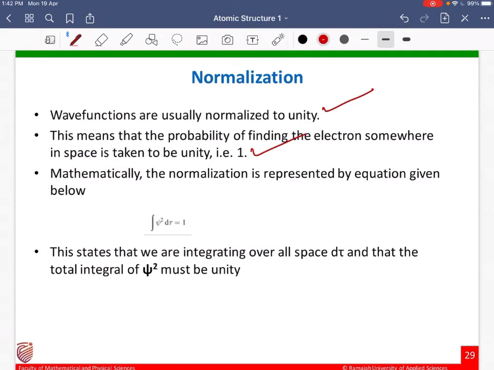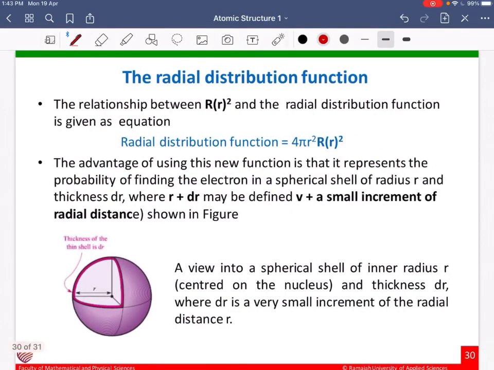Mathematically, the normalization is represented by the equation: the integral of psi square d tau is equal to 1. This indicates we are integrating over all space, that is d tau, and the total integral of psi square must be unity.